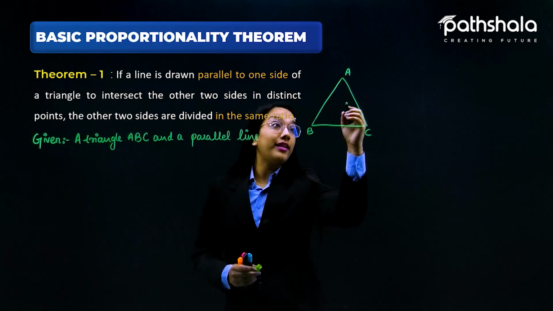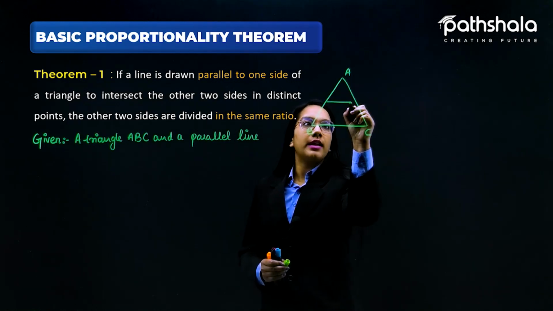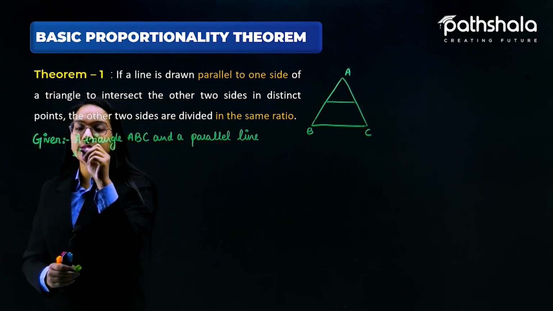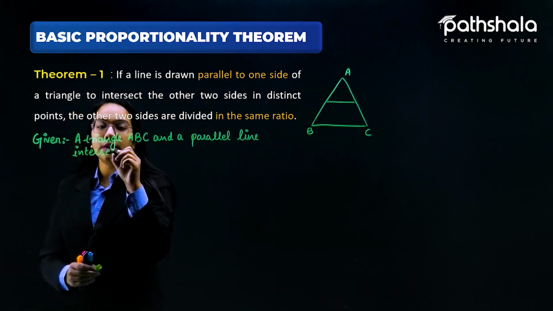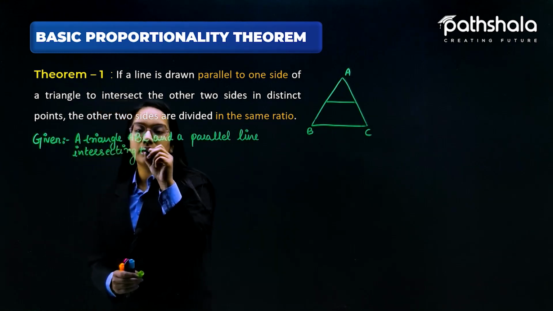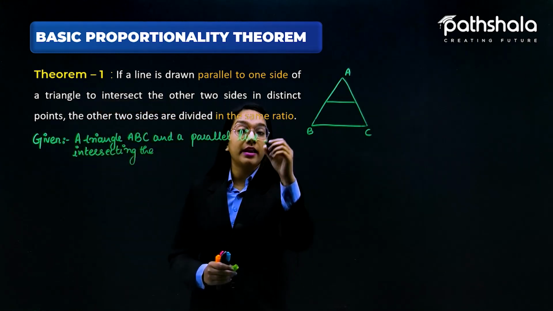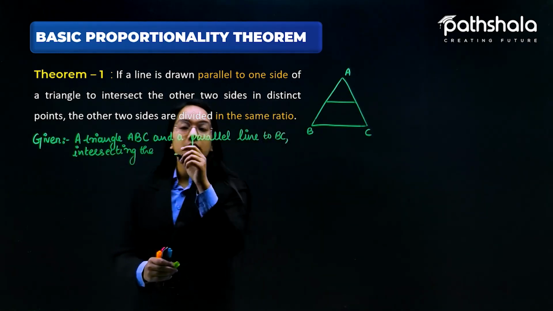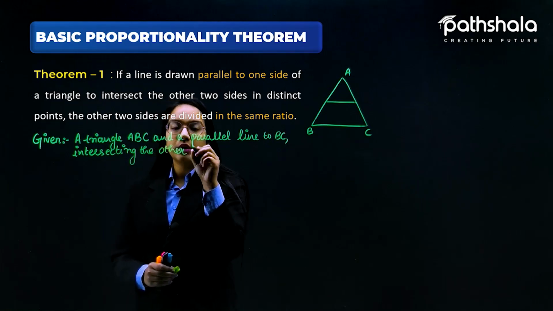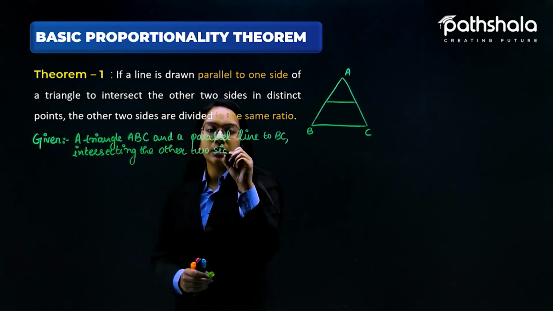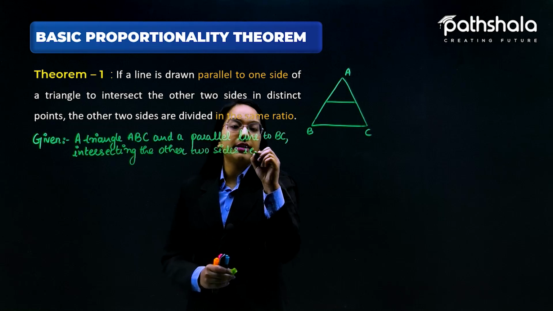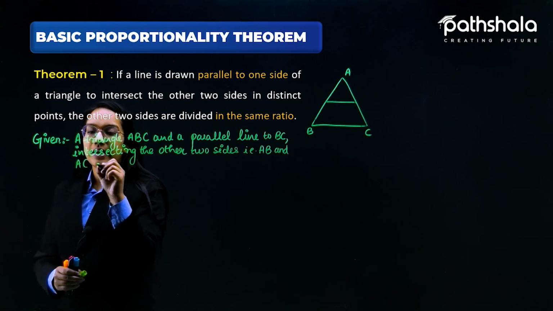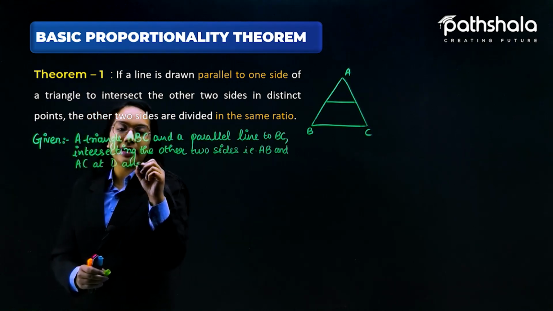Let us suppose I draw a parallel line over here, a parallel line to BC, intersecting the other two sides, that is AB and AC, at D and E.